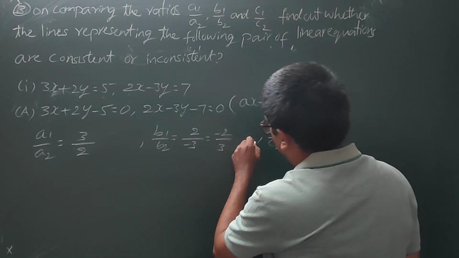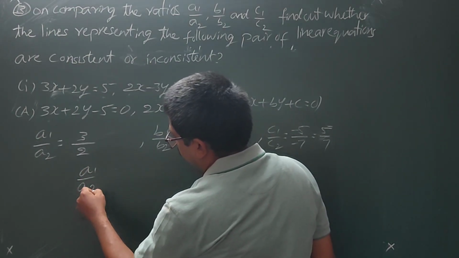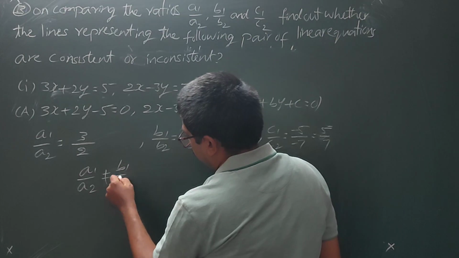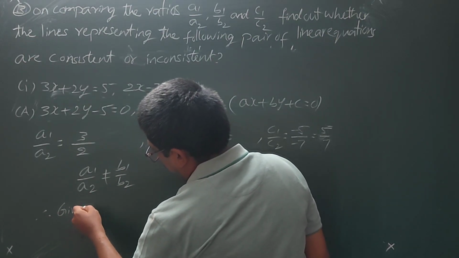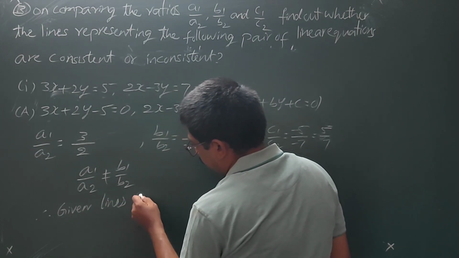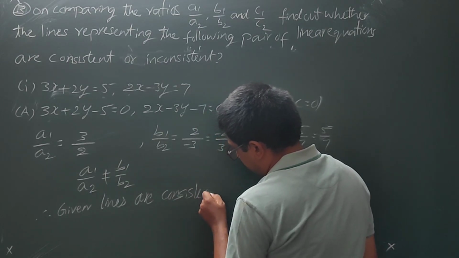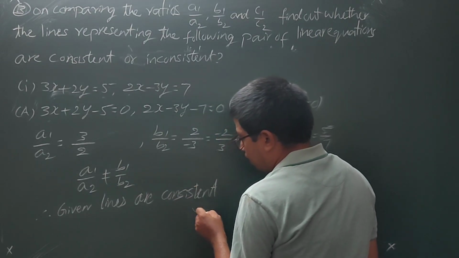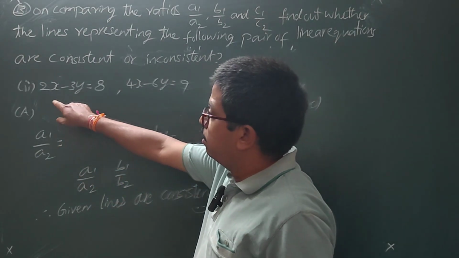So we can observe that a1 by a2 not equal to b1 by b2. Therefore, given lines are consistent. We can simply write like this, like the previous question.